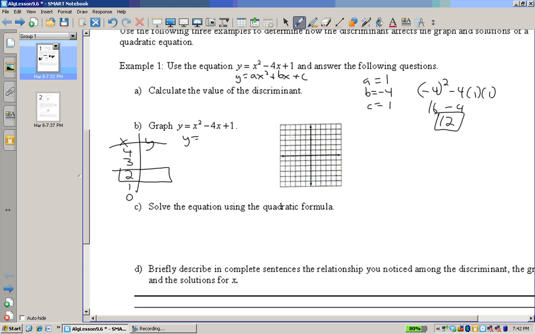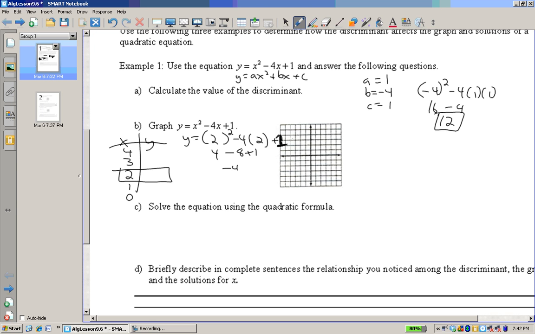I'm just going to plug these things in. So y equals something squared minus 4 times something plus 1. Darken that so I can see it when I'm coming back. All right, let's go ahead and plug in 2. So 2 squared is 4 minus 8 plus 1.